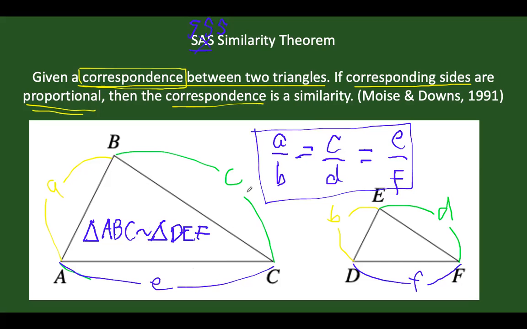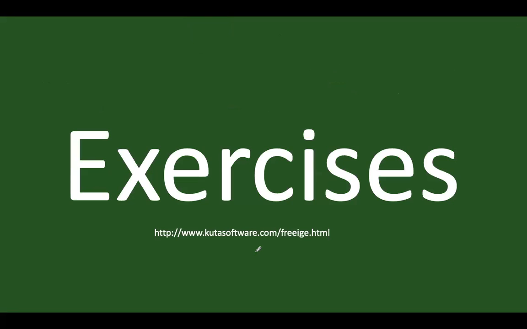Okay, so this is how we use the similarity theorems, the SSS, the SAS, the angle theorem, and the angle corollary. All right, here we go. So let's apply these theorems and corollary to determine if the two triangles are similar or not.